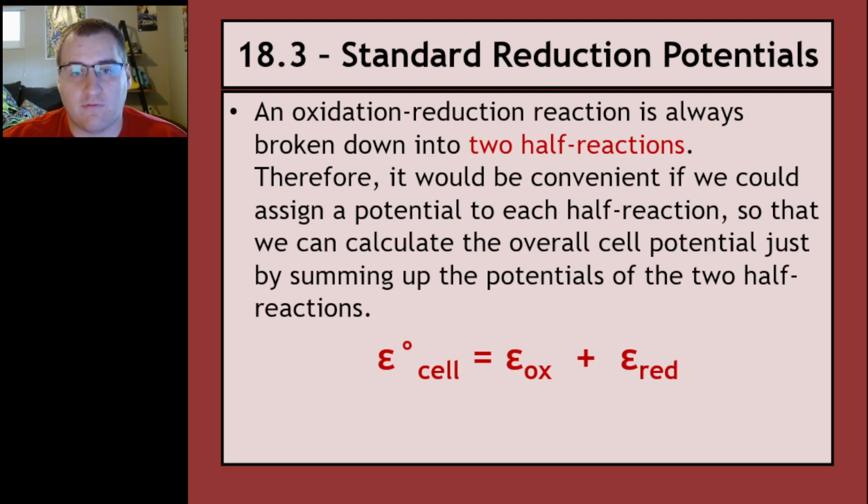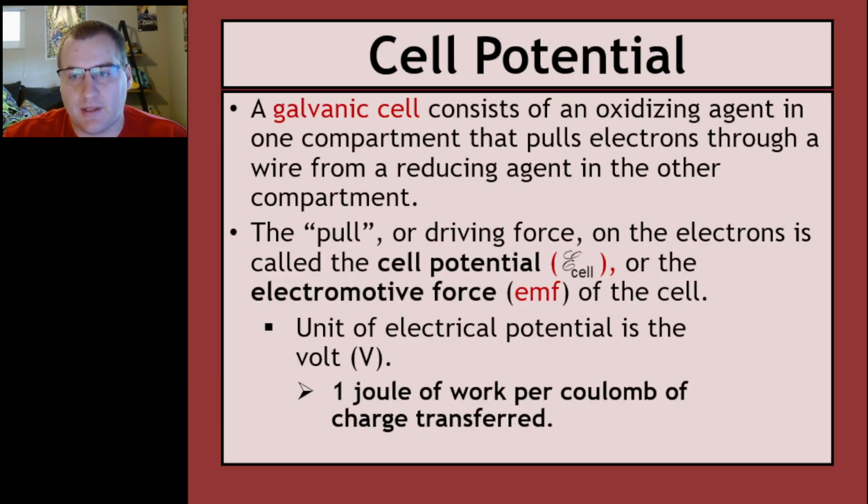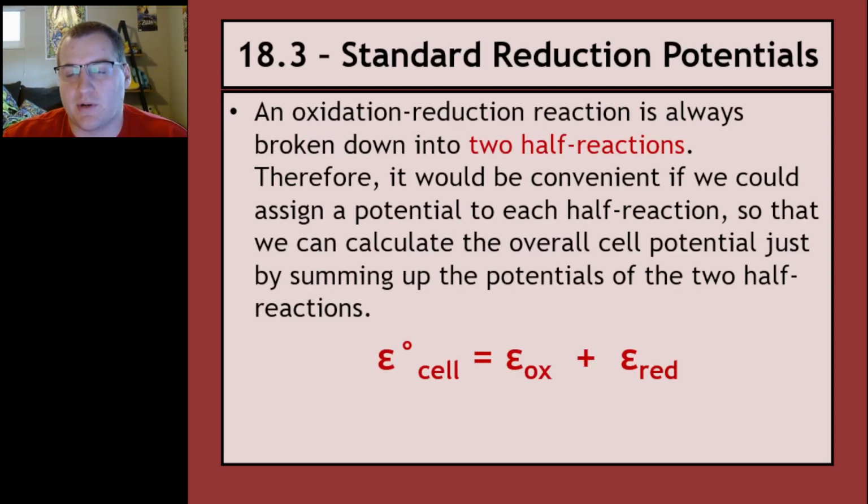All right, so for a full redox reaction, you're going to have 2 of these half reactions together. We have the voltages here of 1 half, and basically what we're going to do is just add together the numbers to get the voltage of the entire reaction, and it's really convenient. There's only like 1 or 2 little catches we're going to have to worry about.